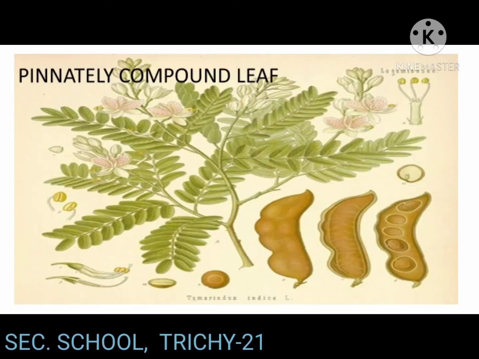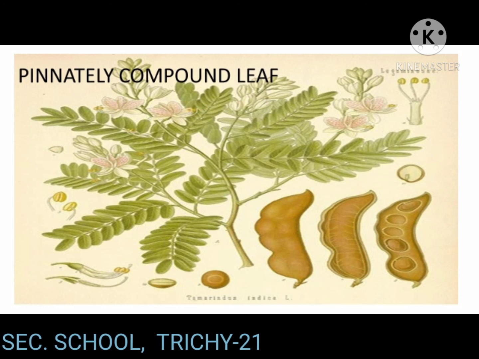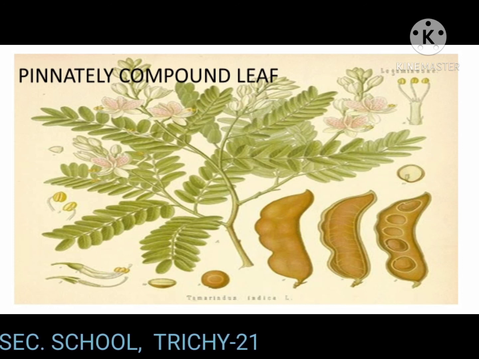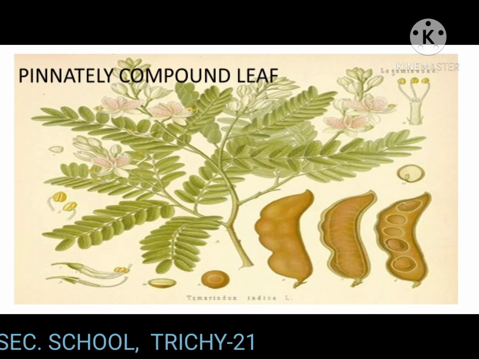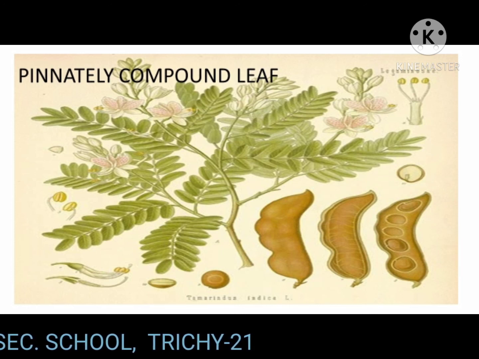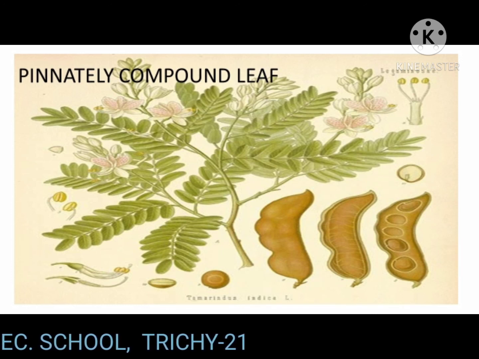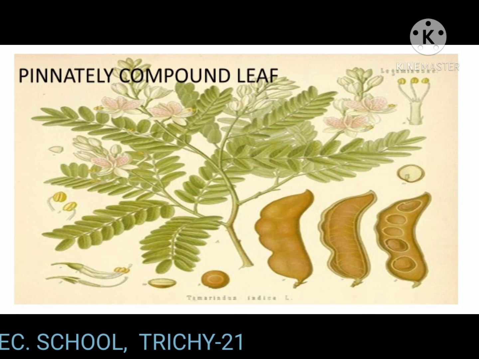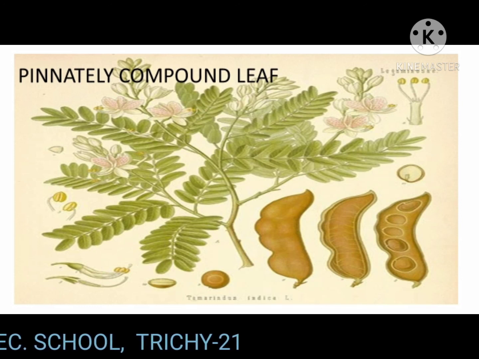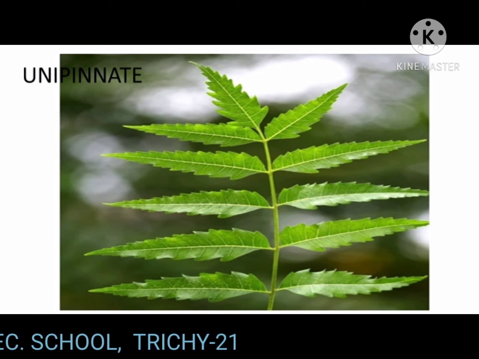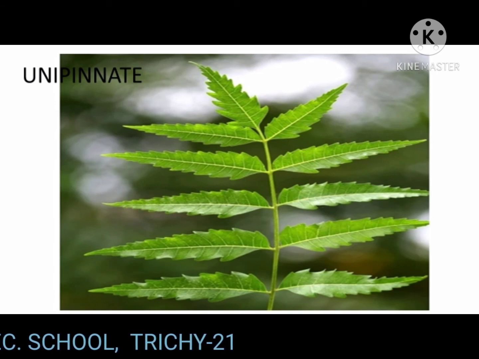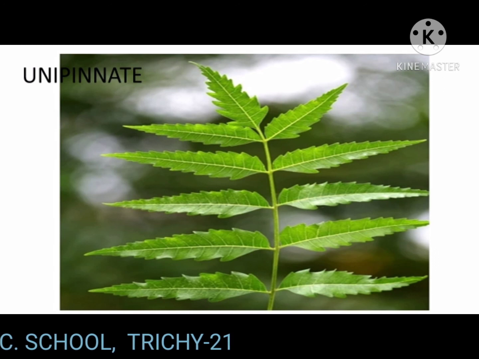Pinnately compound leaf. A pinnately compound leaf is defined as one in which the rachis bears laterally a number of leaflets arranged alternate or in an opposite manner, as in Tamarindus. Unipinnate. The rachis is simple and unbranched, which bears leaflets directly on its side in alternate or opposite manner.